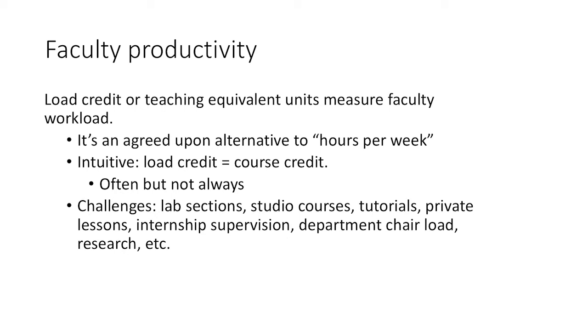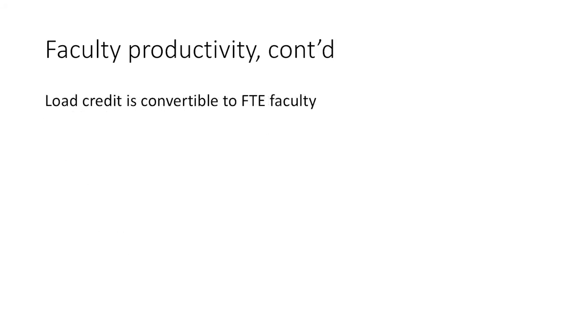And it's important to keep a close watch on how many load credits you have assigned to your faculty. Load credit is not intuitive to people and is therefore often converted to a second measure called full-time equivalent faculty, or FTE faculty.